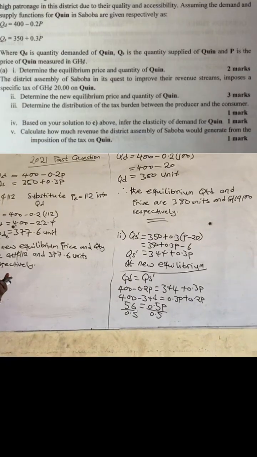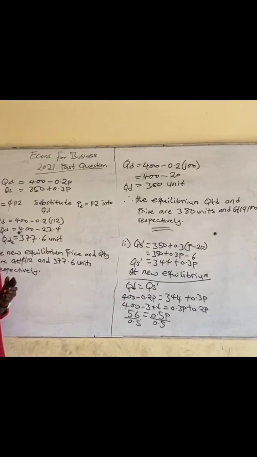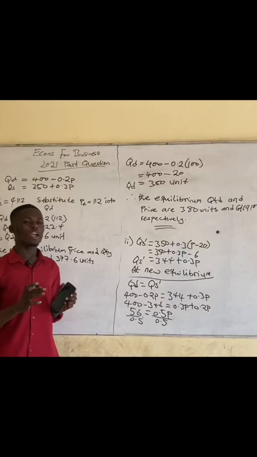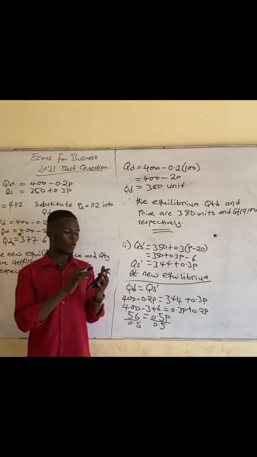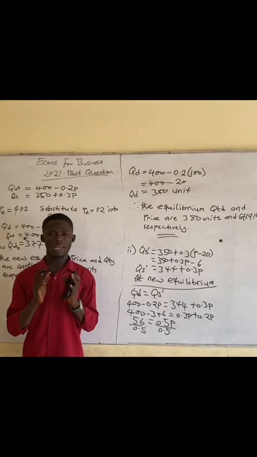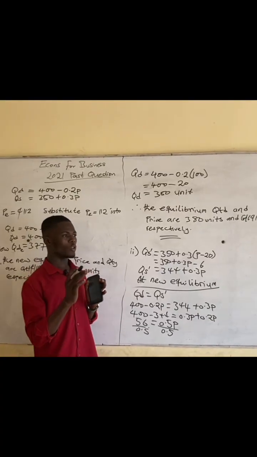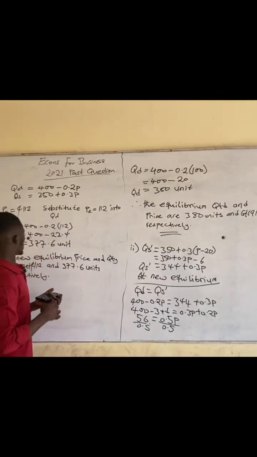Determine the distribution of the tax burden between the producer and the consumer. So now we are going to determine how the producer and the consumer will share the tax amount among themselves. We are going to see the one who will bear more and the one who will bear less.